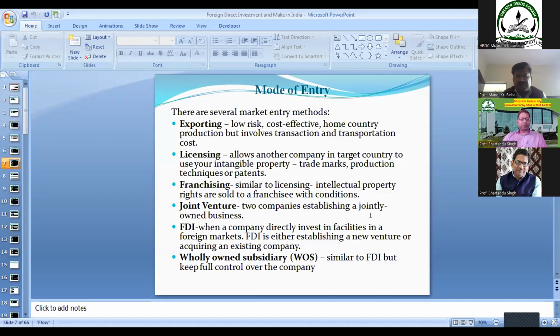Another mode of entering the foreign market is licensing. The foreign company or foreign investor does not directly enter the host country to set up the business.